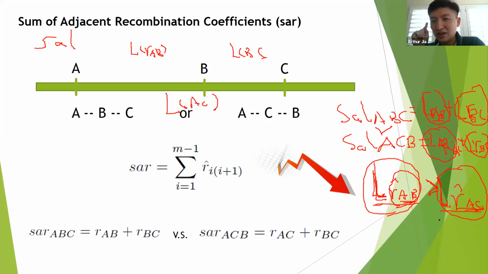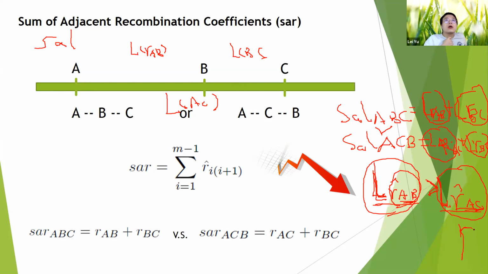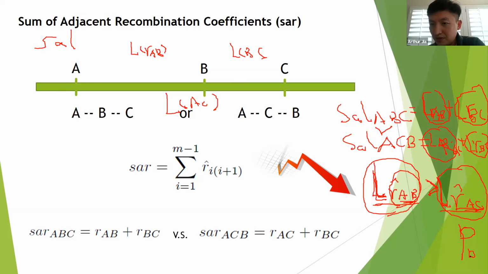So this is true: the likelihood of R-hat AB is greater than the likelihood of R-hat AC. Why is that? If the real order is ABC, the distance between A and B should be less than the distance between A and C. So the chance of double crossover between A and C should be greater than the chance of double crossover between A and B. Do you agree?